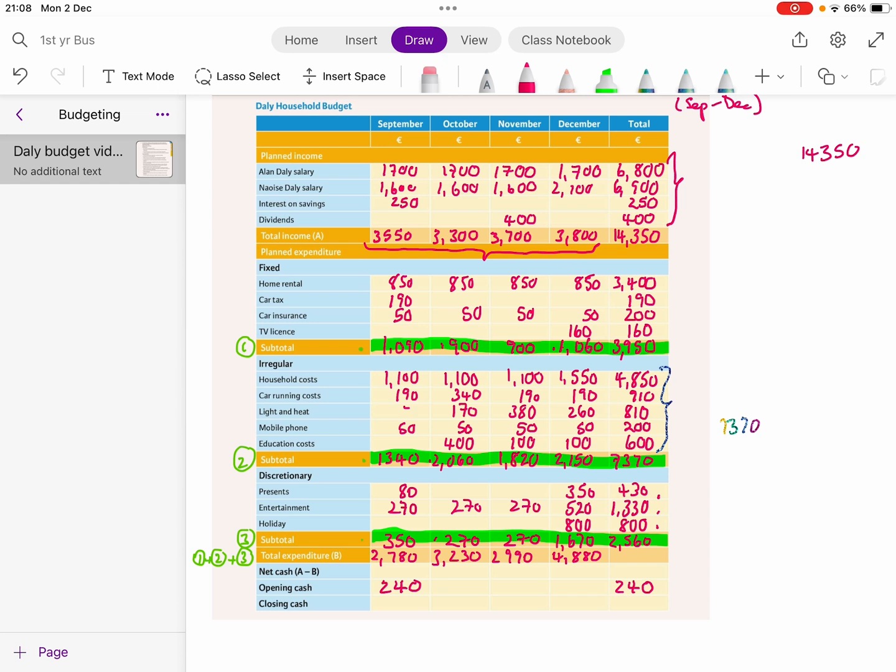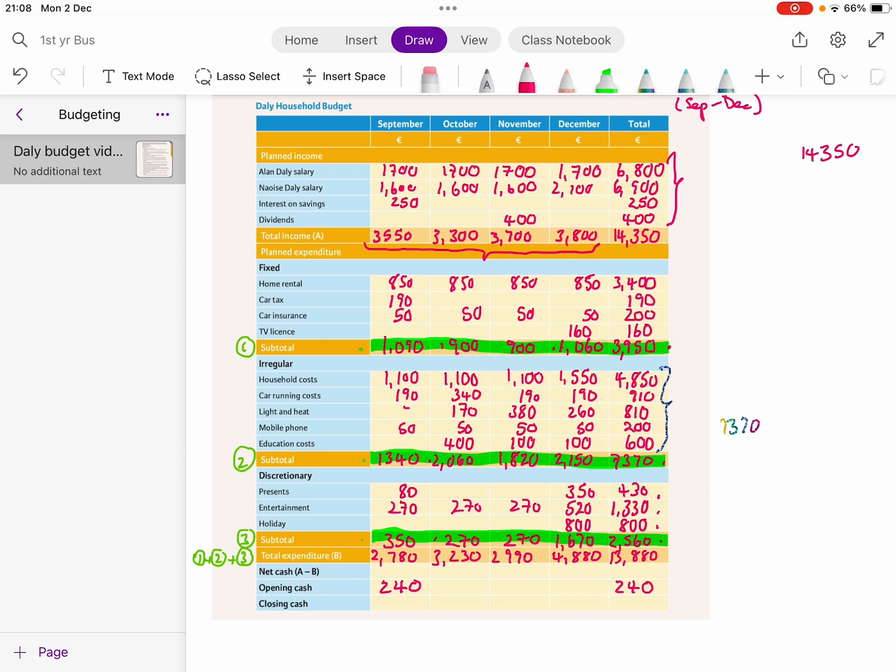Right, so again, I know you'll get sick of doing the same thing over and over again. But now we're just going to go to our total column. So I'm adding my 3,950. I'm adding my 7,370. And I'm adding my 2,560. So that should give me 13,880.